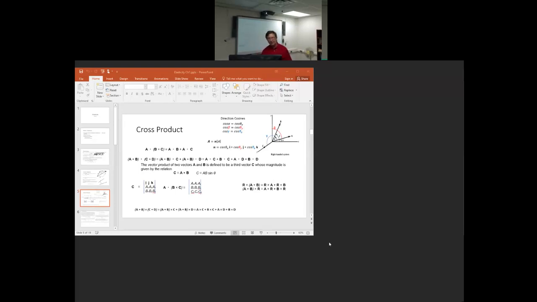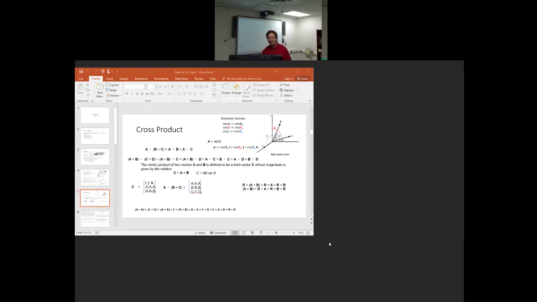Next to it is the so-called cross triple product, which is also calculated using a determinant. The only thing is that instead of i, j, k in the first row, you put A components, in the second row B components, and in the last row C components, and you take the determinant. So obviously, this would be a number, which is a scalar.